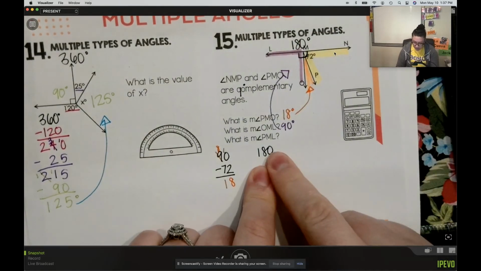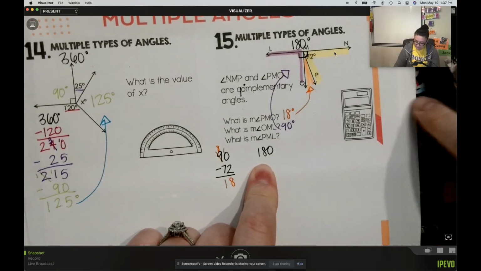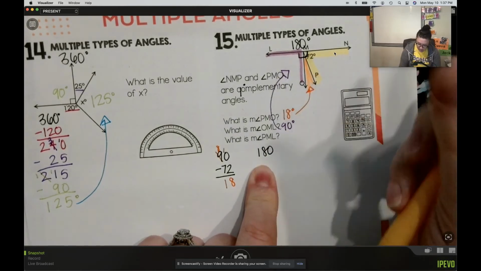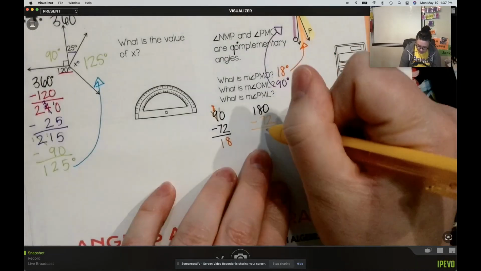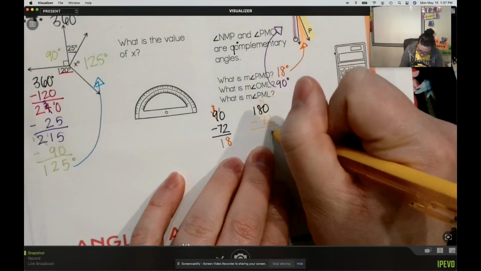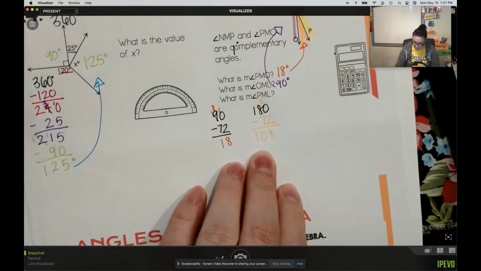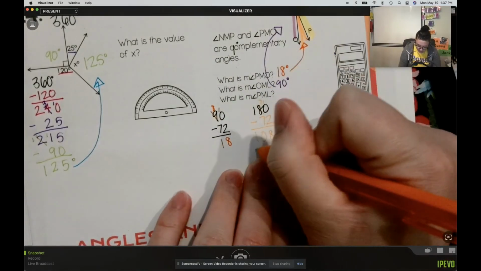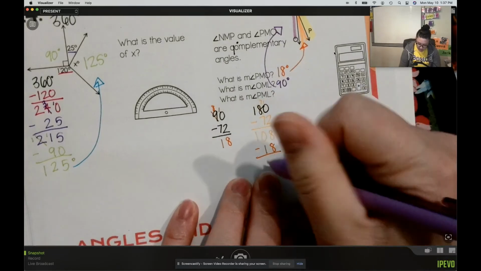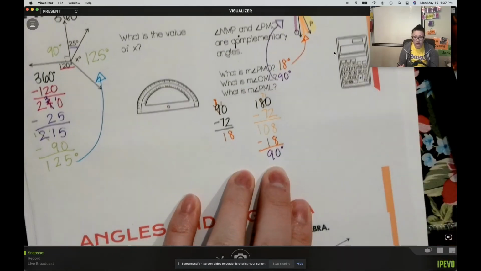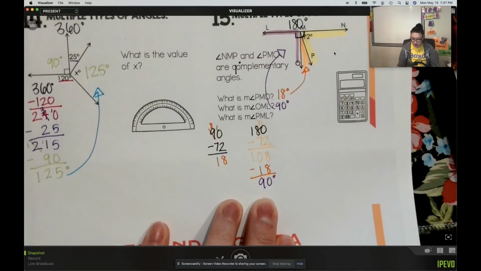Another way, I could do 180 minus the yellow 72, and then minus that 18, and I could get my purple 90 that way.